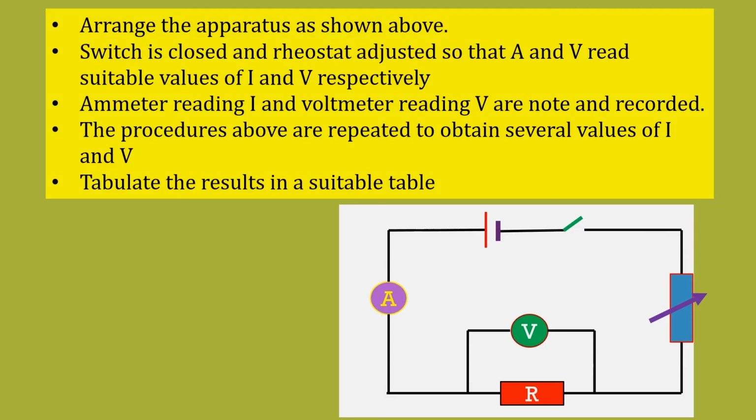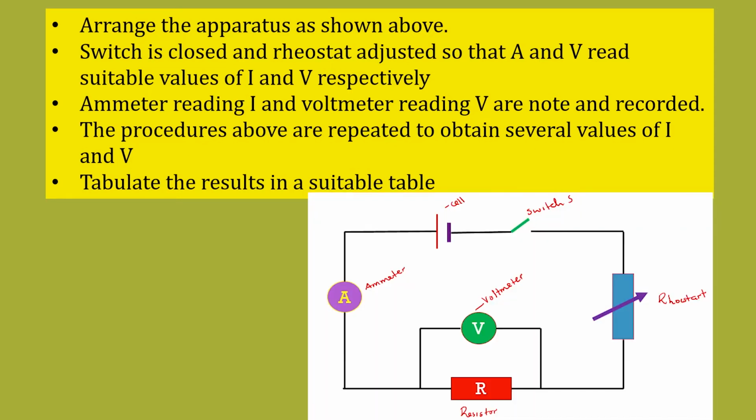Here are the steps that we go through in order to verify Ohm's law. So we are saying the apparatus is arranged as shown. The switch S is closed. The rheostat is adjusted so that the ammeter A and the voltmeter V read a suitable value of I and V respectively.